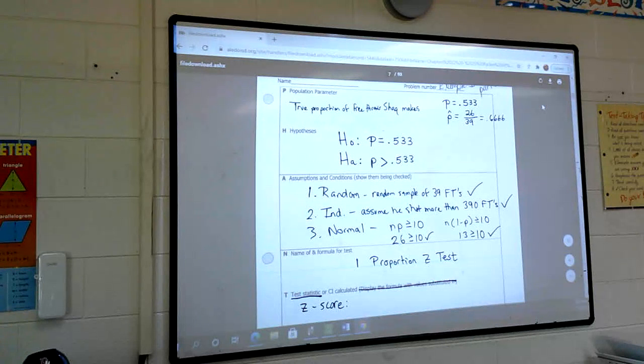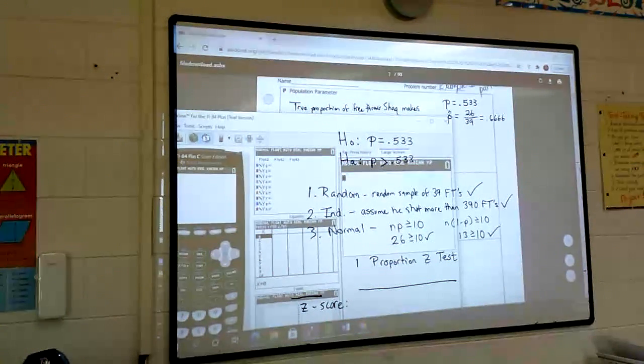So we get to the point after naming the test, just like we did in PANIC with the confidence intervals. Once you get past the naming of the test, then you get to where you're going to go to your calculator. Okay, so we're going to go to our calculator and we're going to enter this information. So on your calculator, you want to go to stat test.